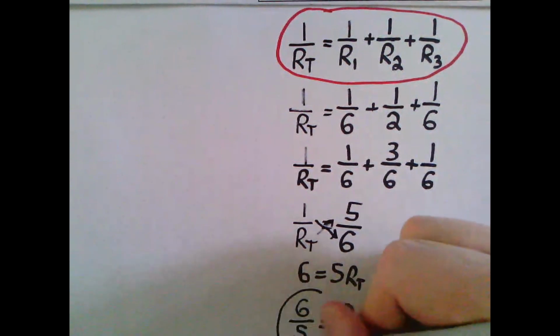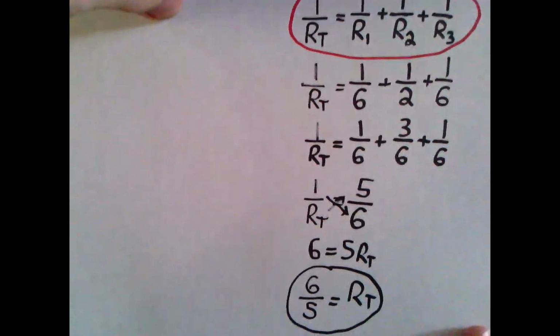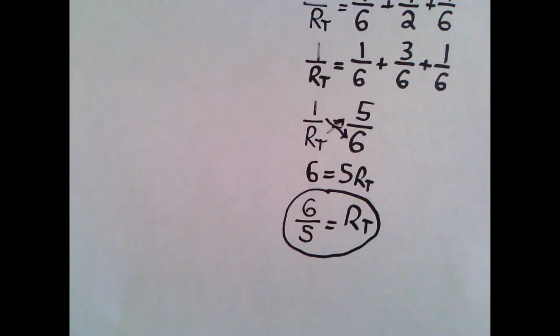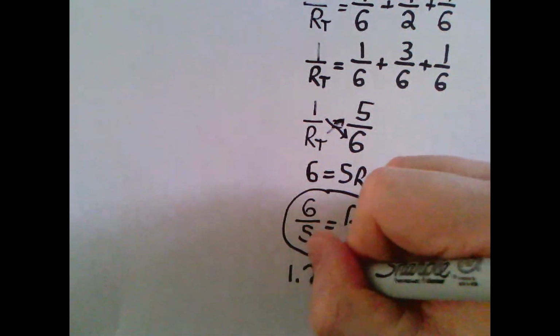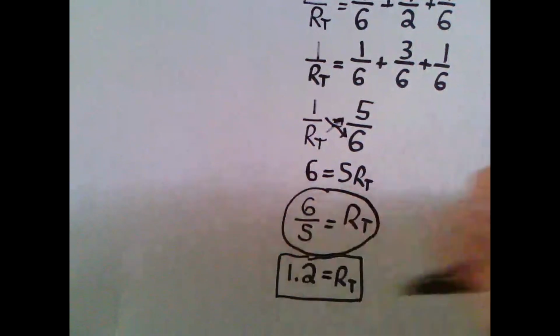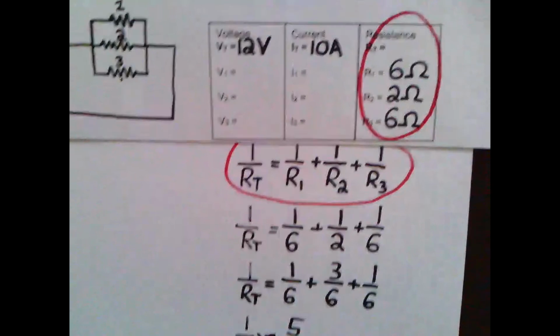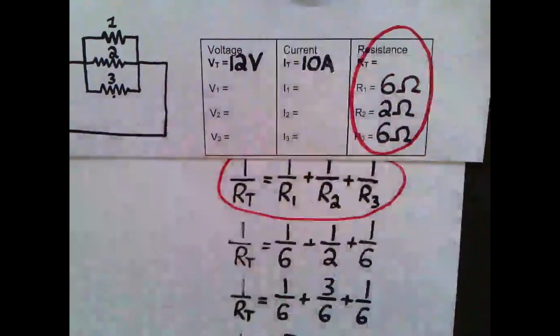This is your answer. You may remember in the video, we said that our answer was 1.2. Well, what's 6 divided by 5? This is 1.2. So we did all that work to figure out our answer of 1.2, right? But in the video, I just said, make your life easy.